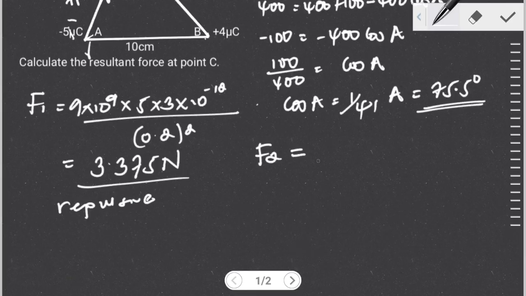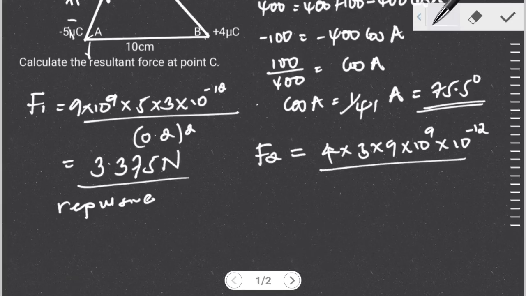So force 2 would be 4 times 3 times 9 times 10 to the power 9 times 10 to the power negative 12 all over the distance of separation, which is 0.2 squared, and therefore what I'm going to get is 0.77 newtons, but this is attractive.